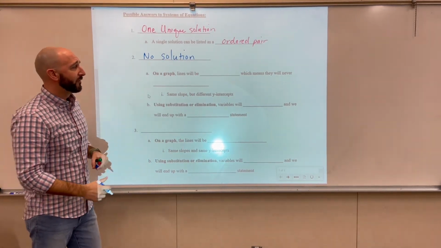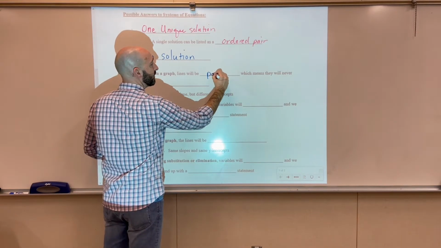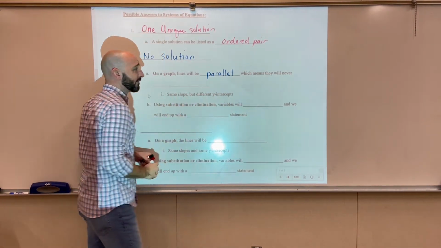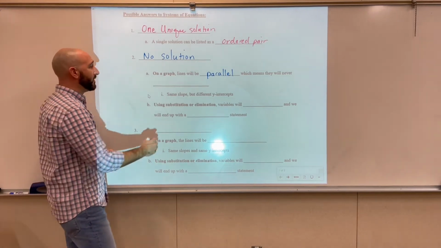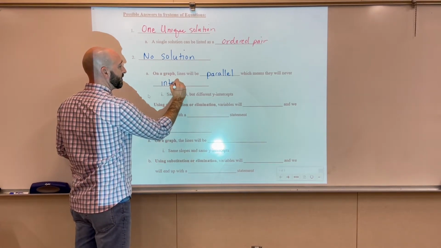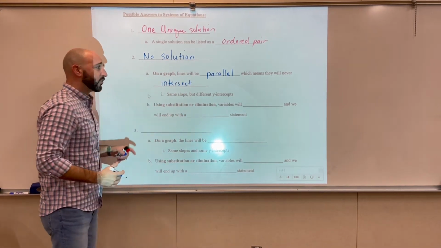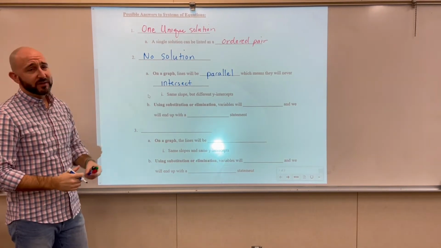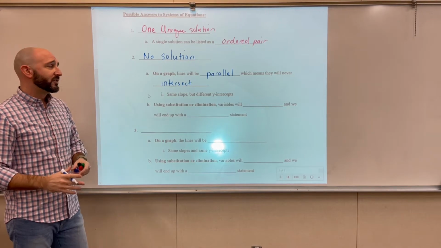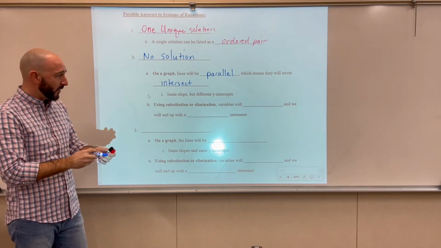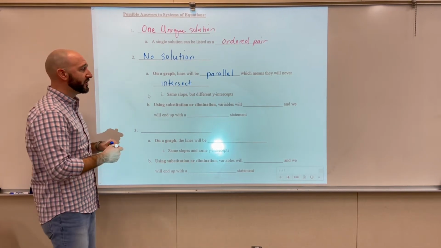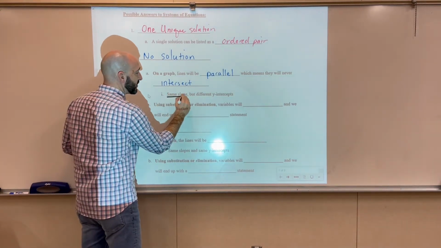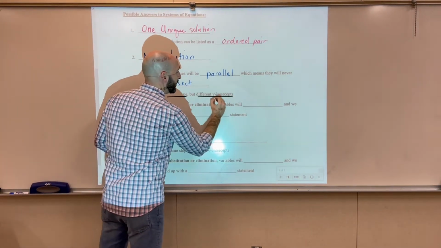So on a graph, the lines will be parallel, which means that the lines will never intersect. So graphically, if we see a pair of parallel lines that never cross, that means that system of equations has no solutions. If we analyze the equations, what we're going to notice is that they should have the same slope, but different y-intercepts.